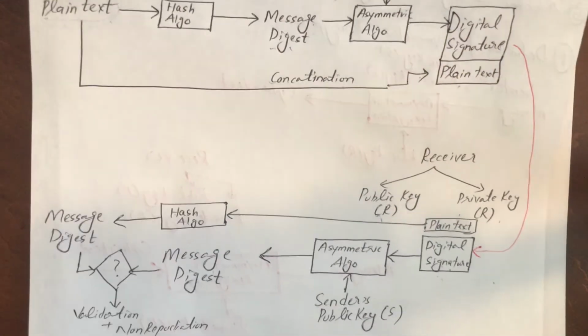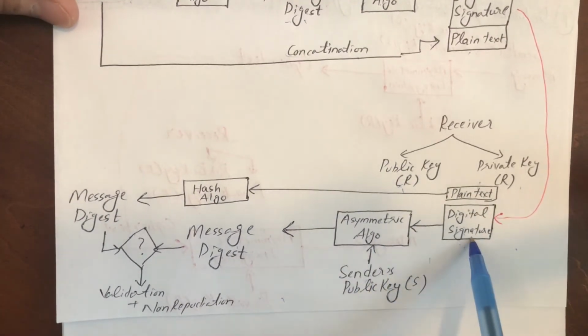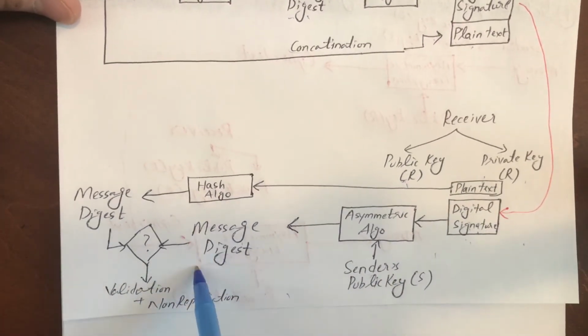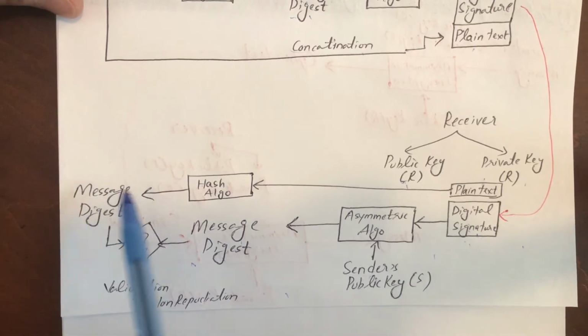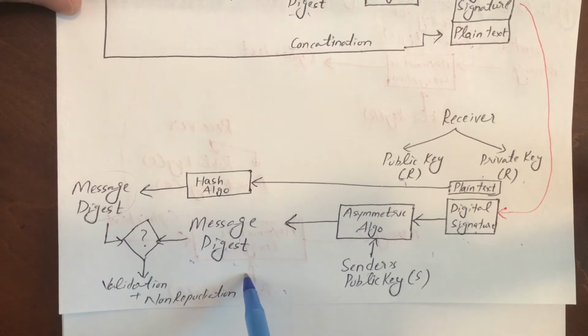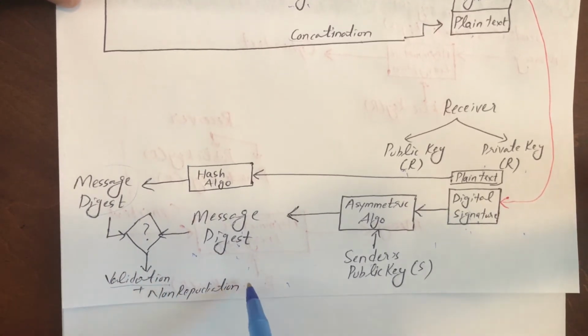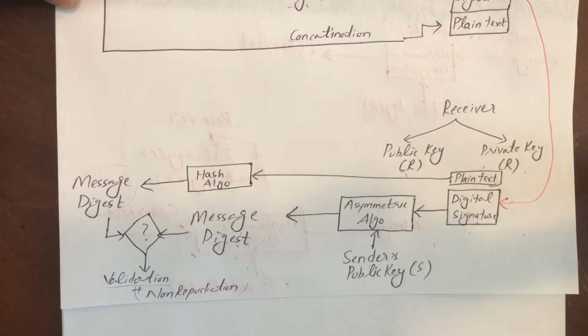So we are verifying the signature. Once we decrypt the digital signature, we get a message digest, and then we compare it with the message digest of the plain text. If both values coincide, it means the message is validated and sent from the valid user.